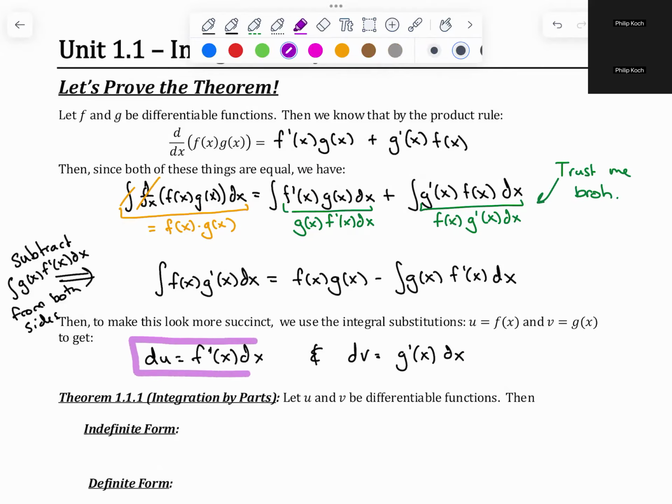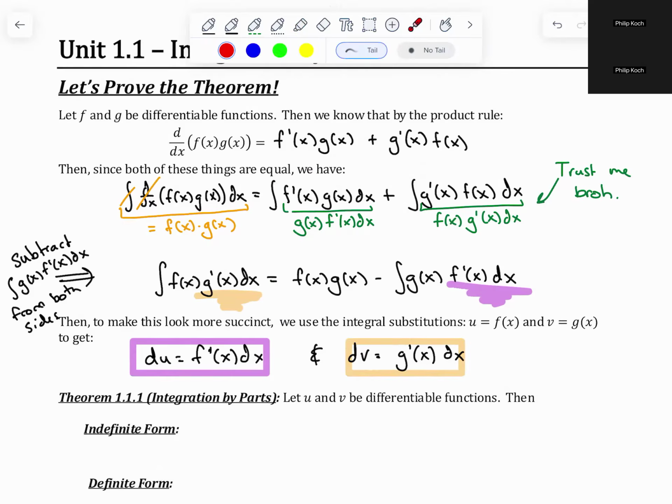And so we have this piece, and you might notice that that's right here. And then we also have this piece, which is right here. So u is f of x, dv is g prime of x dx, g is v, and f prime of x dx is dv.